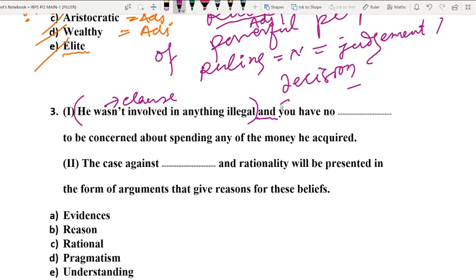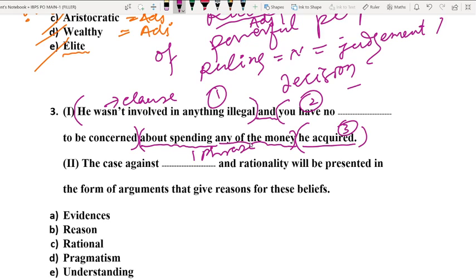And you can see, you have no dash to be concerned. Till this part there is another clause. About spending any of the money, from this part to this part, this is a phrase, and again the sentence has another clause, he acquired. So altogether the sentence has got three clauses, 1, 2, 3, and one phrase which has been used in between.